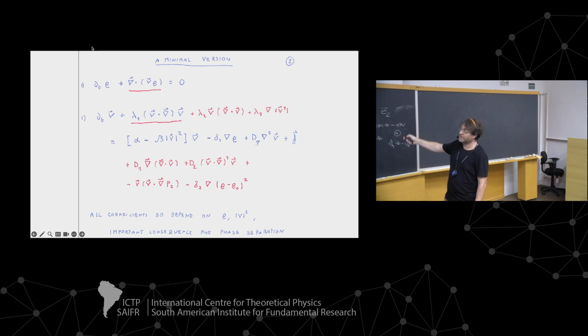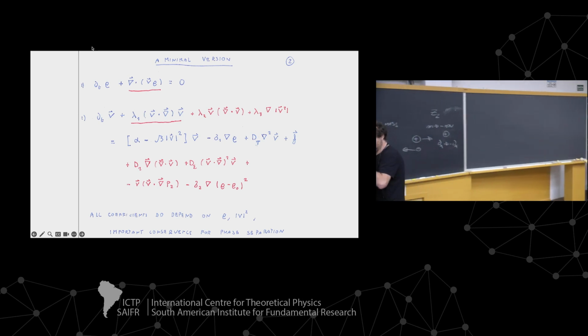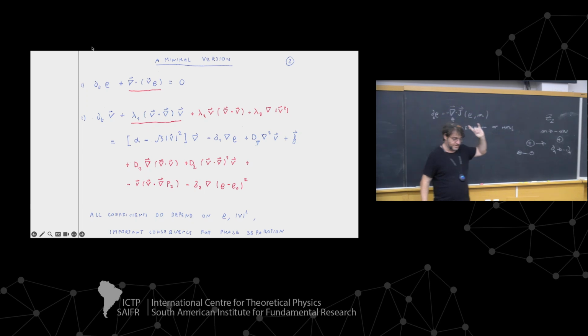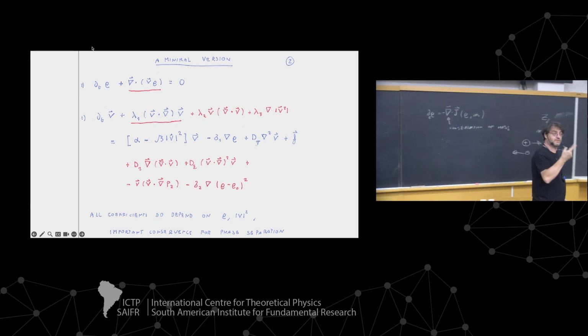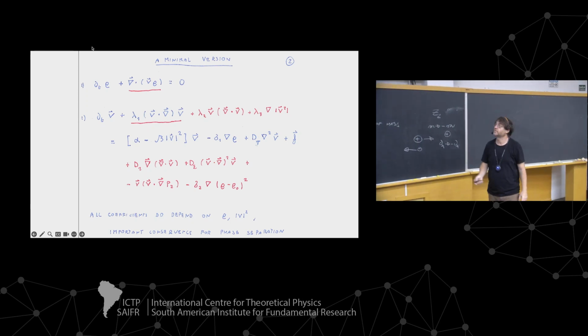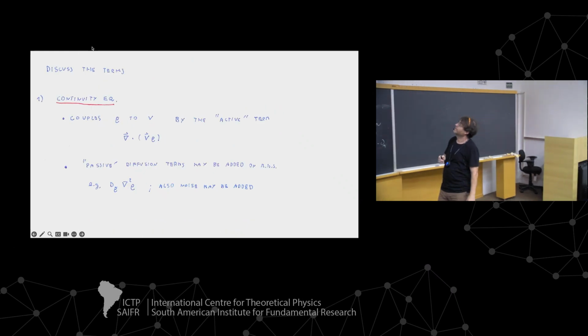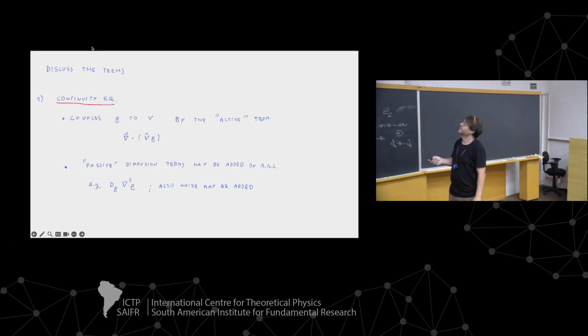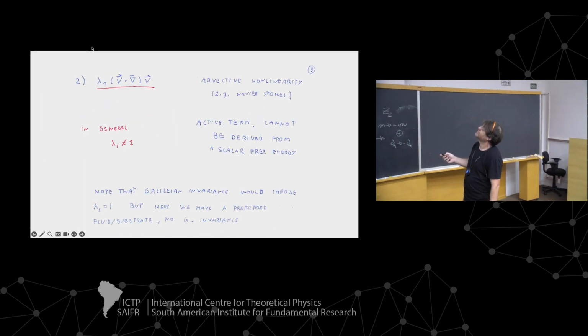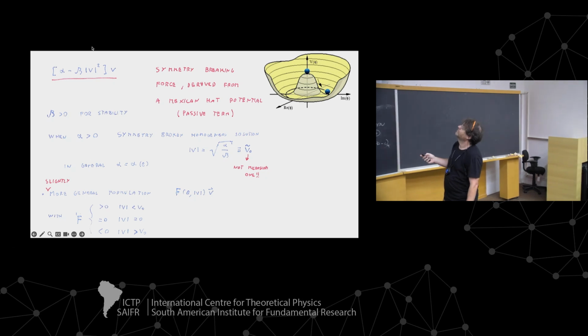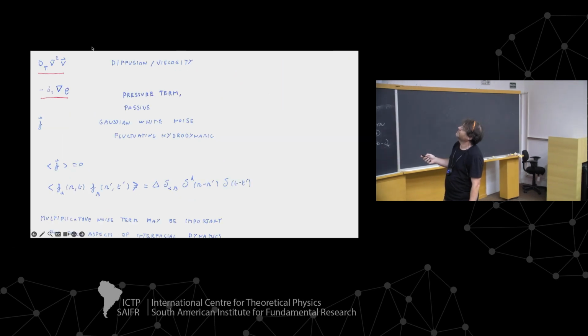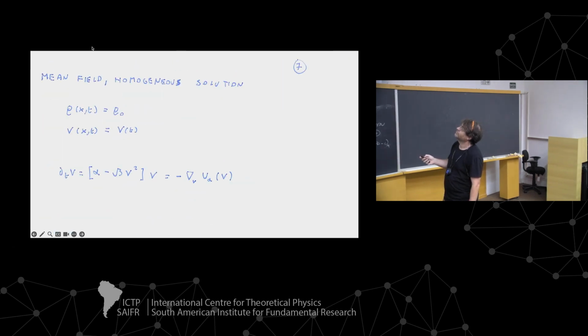Now, you can check with some time that equations are invariant under rotations. Okay, so this is what we need. What we are going to do, there was a discussion which I already did by hand. Diffusion, viscosity.